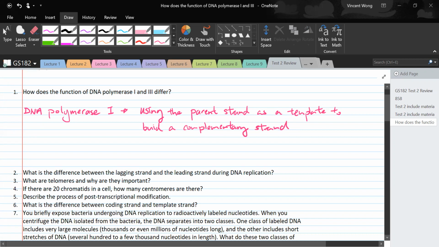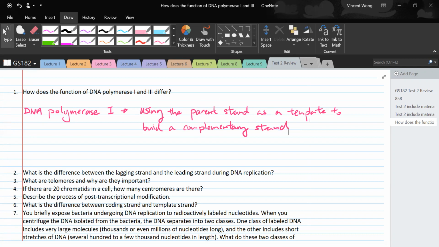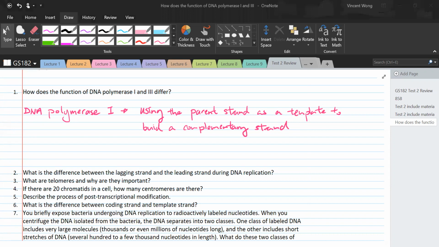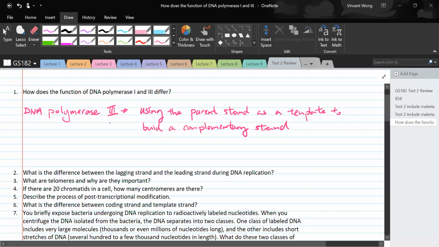And of course, that can only happen in the 5' to 3' direction, right? Sorry, that is DNA polymerase 3, I meant.